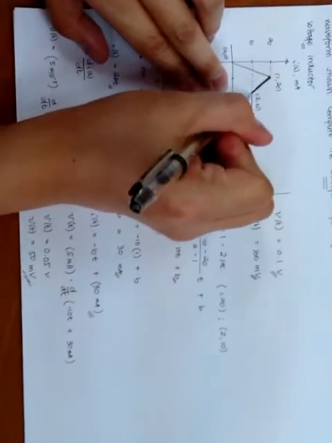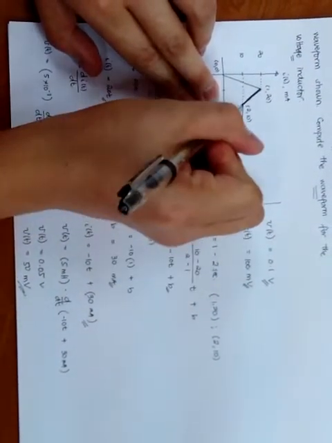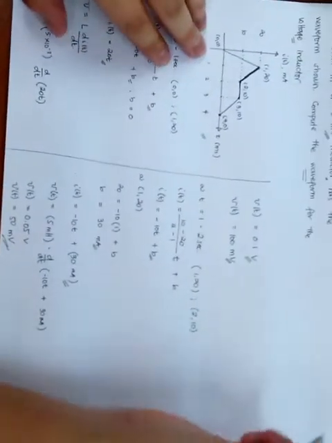And for the third ordered pair, we have these 2 points. I'm referring to this line.